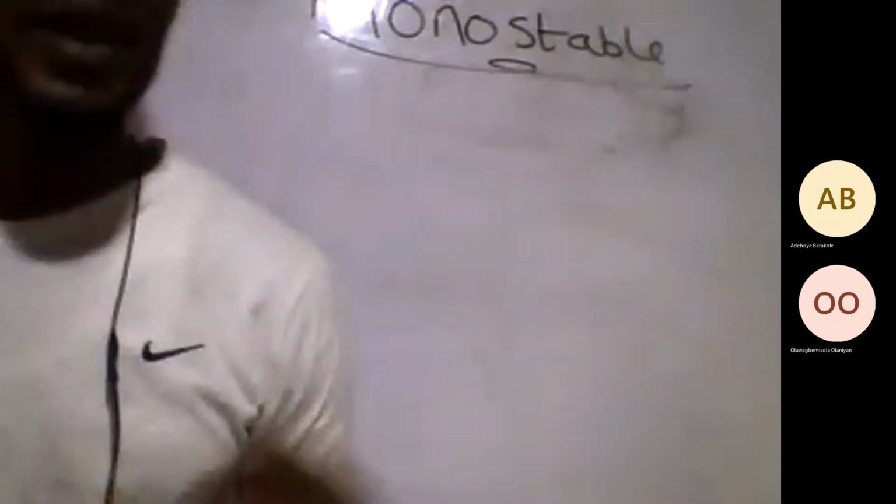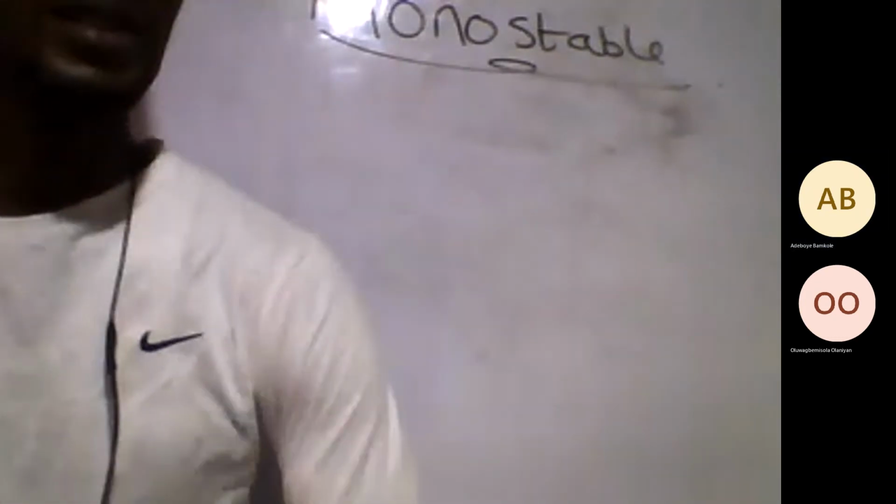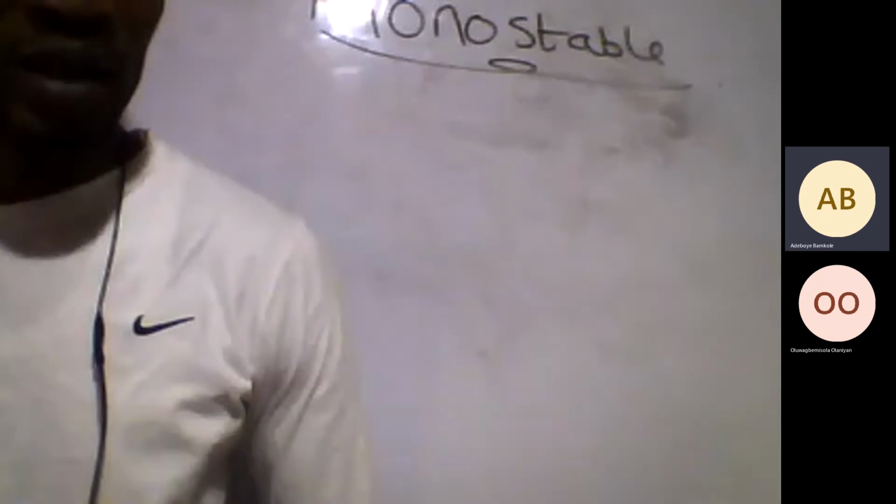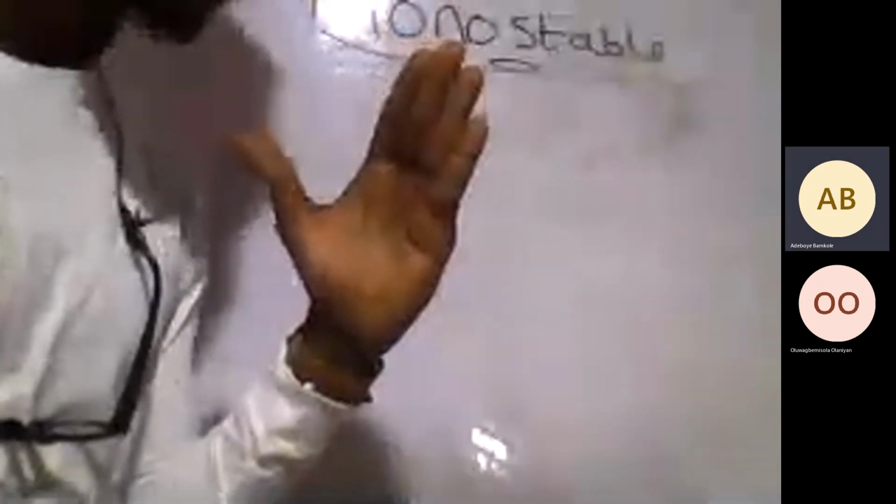Even if you give it a punch, it will go, but come back. If you perturb it, yes, it can go low, but it will come back and stay in that state.